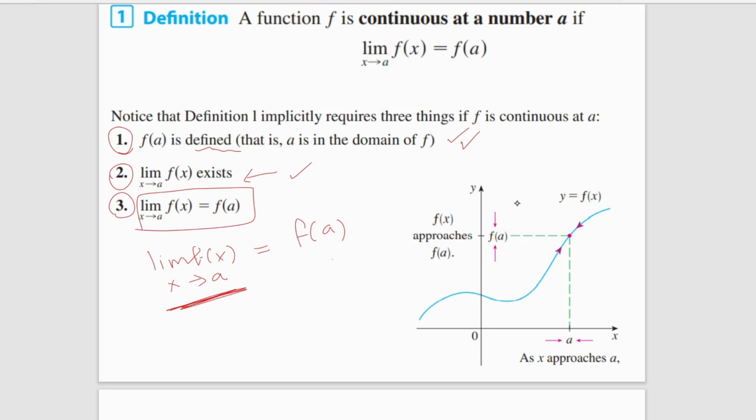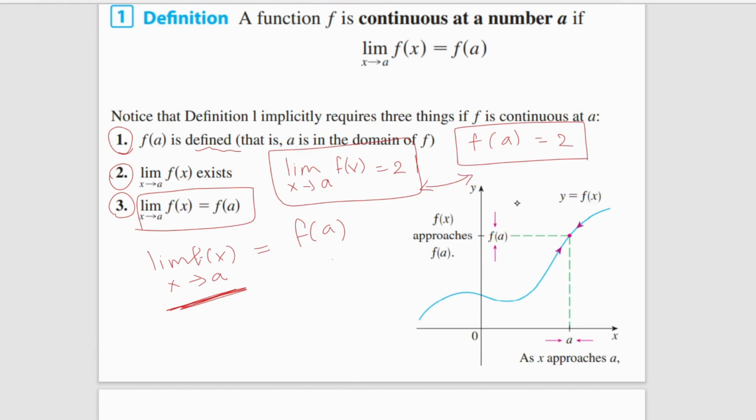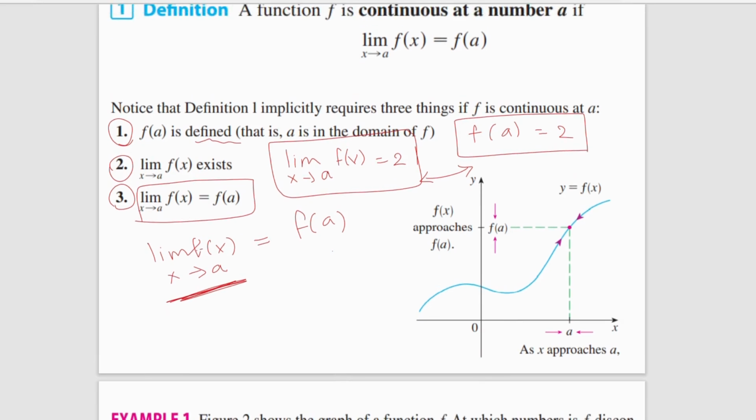For example, if the value of f of a is equal to 2, and the limit when x goes to a of the function is equal to 2, then since the limit exists and the value is defined and they are equal to each other, we can say the function is continuous.